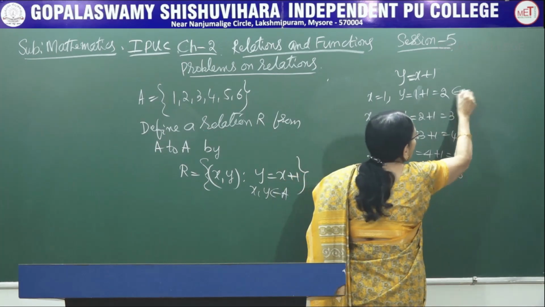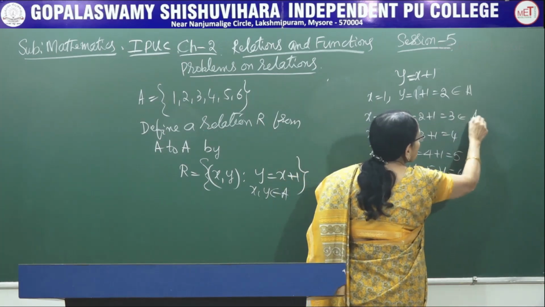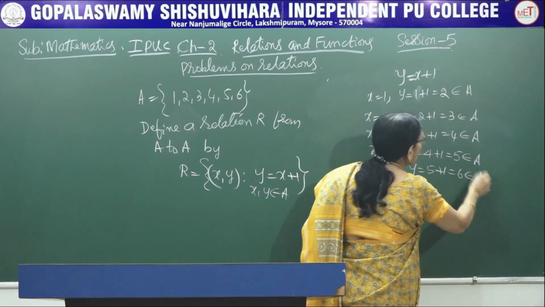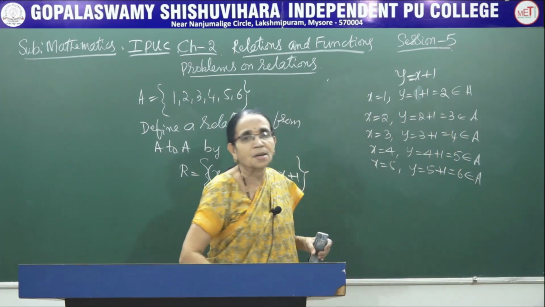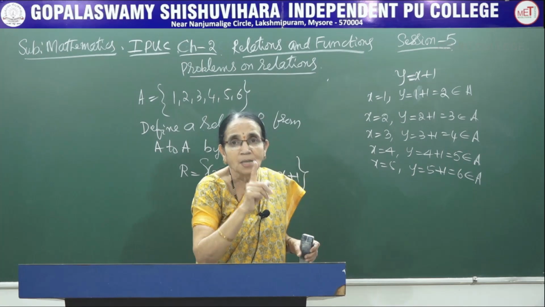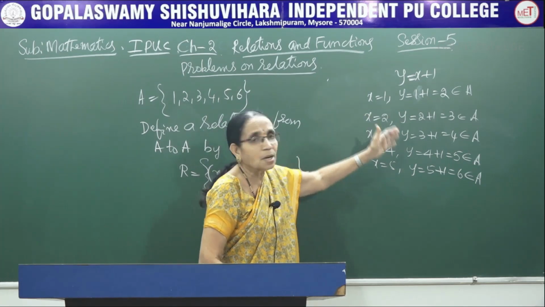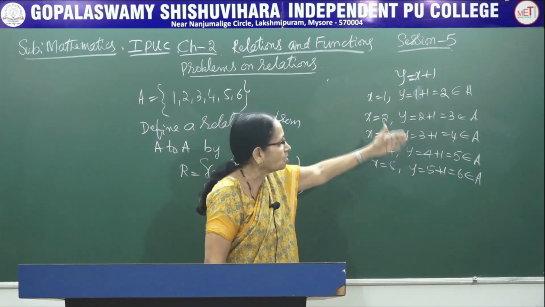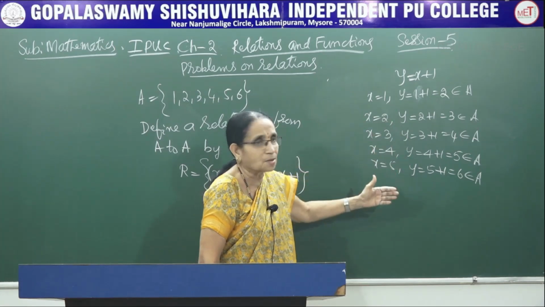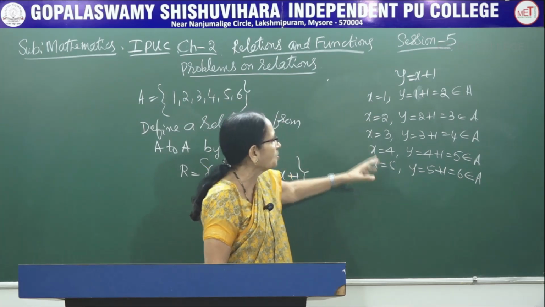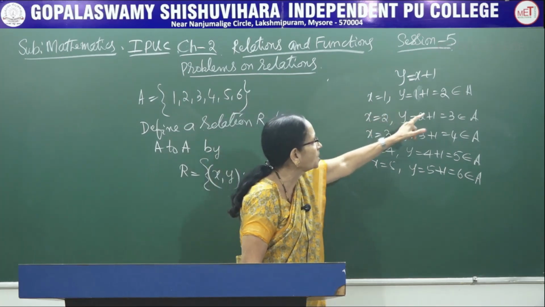You observe all these, they belong to the set A, correct? You know that the second element is called the image of the first element. So while giving the values for x, you are getting the images of x, and all those images 2, 3, 4, 5, 6 are present in the set. So we can take all these combinations. When x is 1, y is 2.